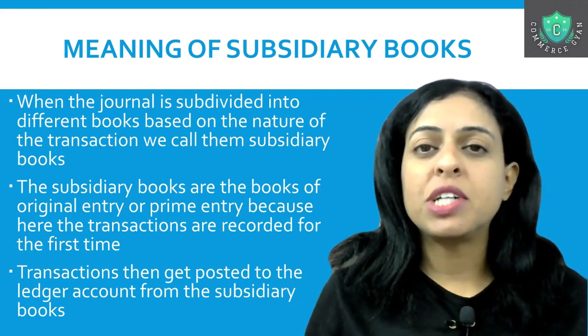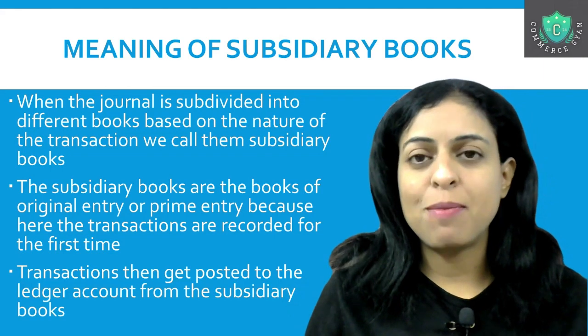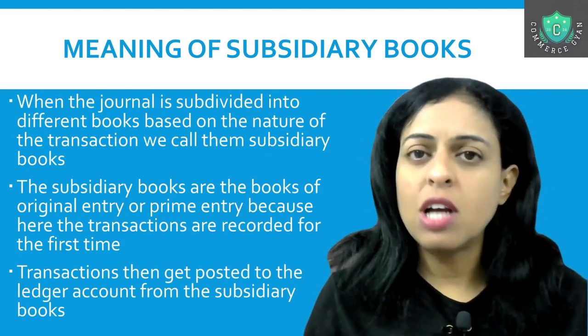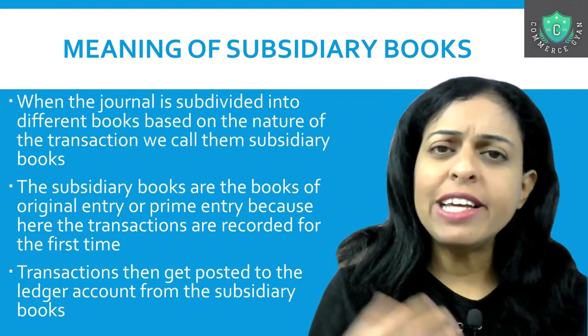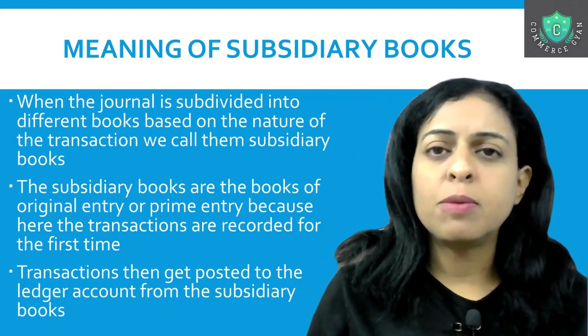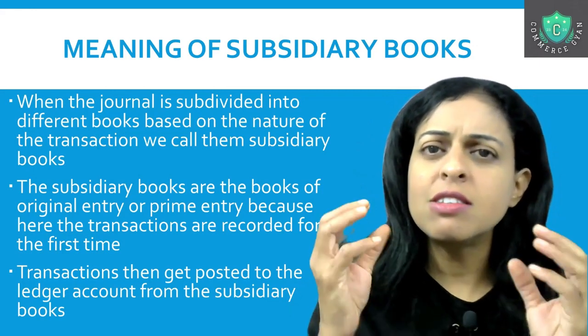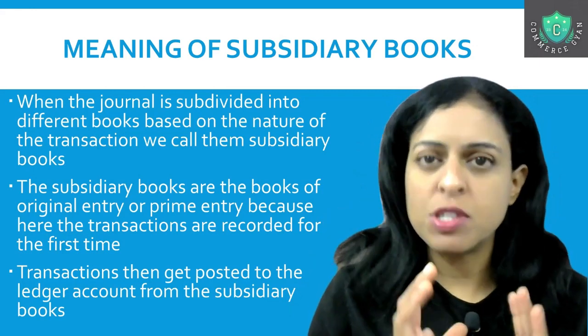Purchase also may appear a number of times, and cash also. So there are repetitive entries of certain accounts. Instead of writing repetitive entries, the people writing accounts decided to write them in a separate book, which is called a subsidiary book.